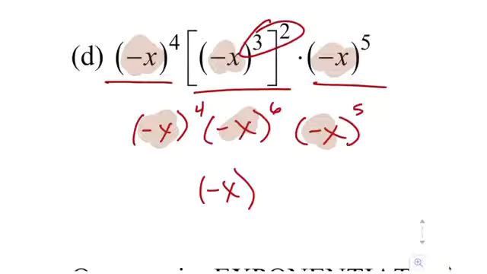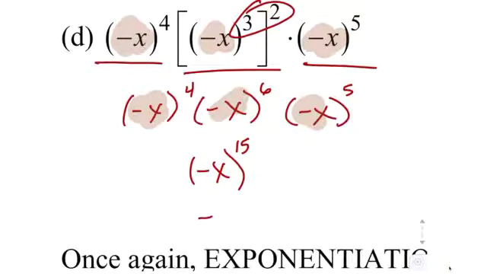We don't multiply them, we add them. Good. So we get 15. And that right there looks like a pretty good answer, does it not? I like it.